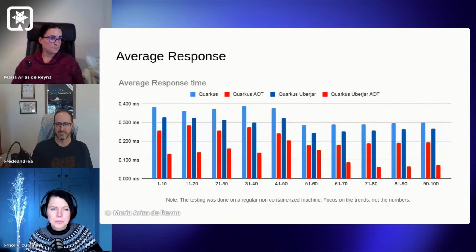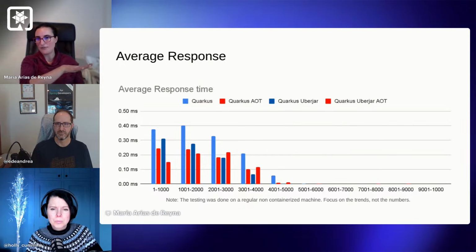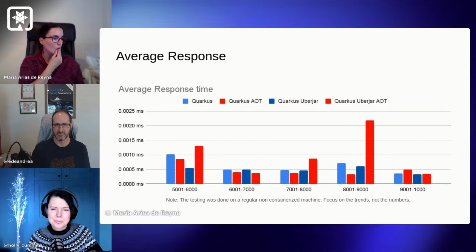And this is average response time, just to show that at the beginning there's a lot of difference between the Leyden version and the non-Leyden version. But after 5,000 requests, the numbers don't exist because they are so small.